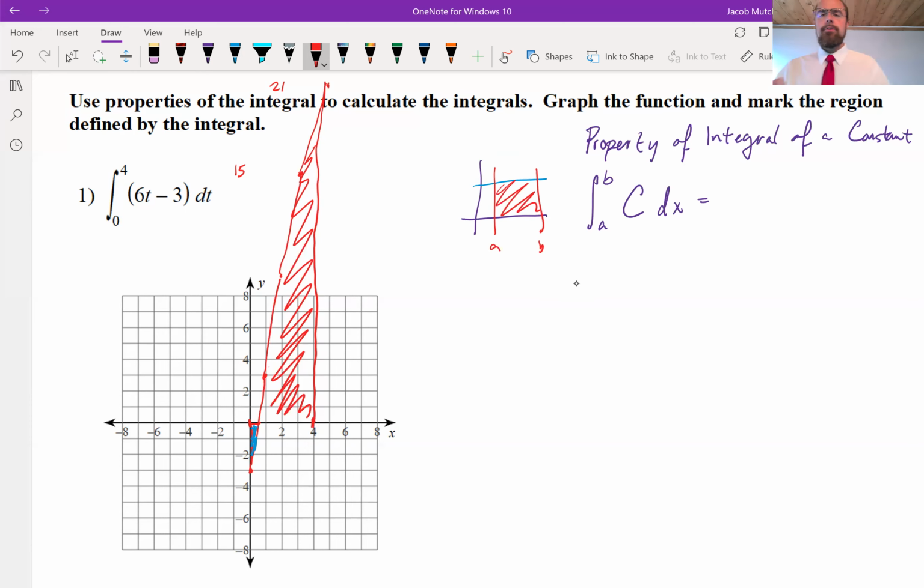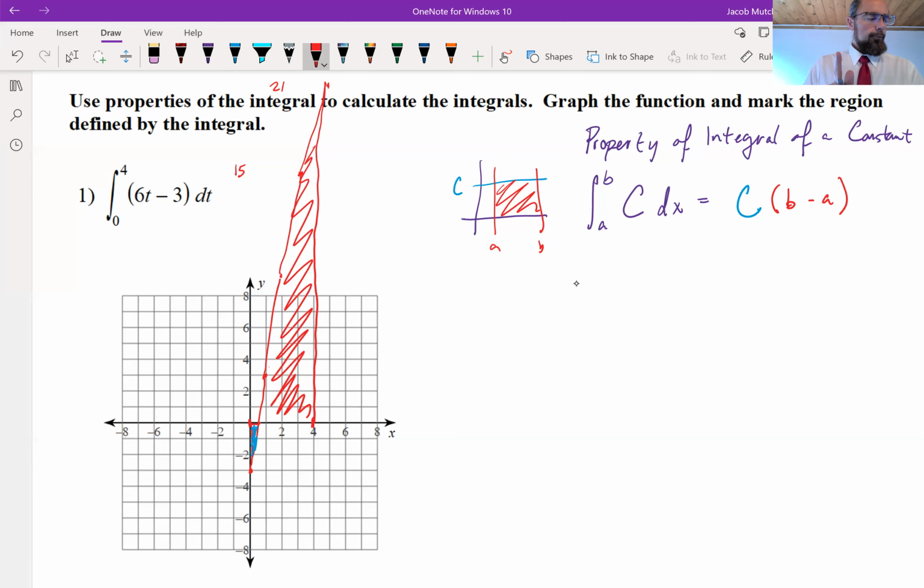And we know from geometry, a rectangle is length times width. So the length, or what we might call the height here, is going to be c. And then my width, which is on the horizontal here, is going to be b minus a. And that's a property that I can use to directly calculate a definite integral like this one.